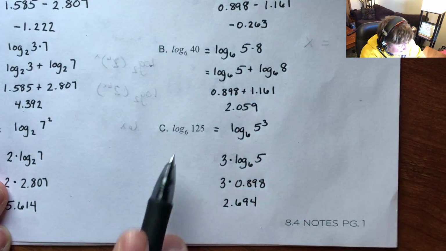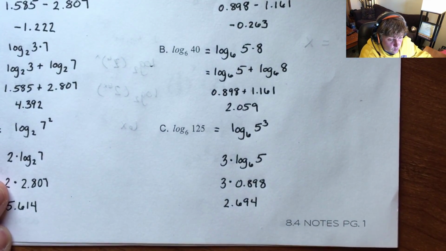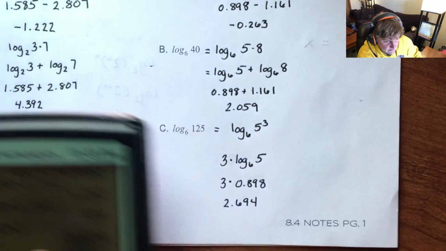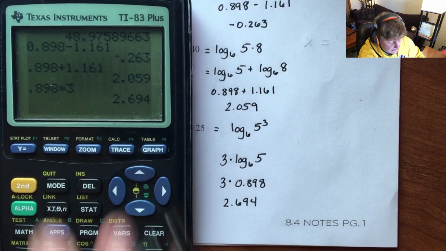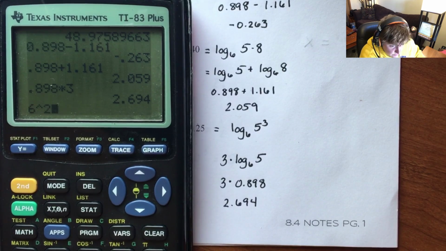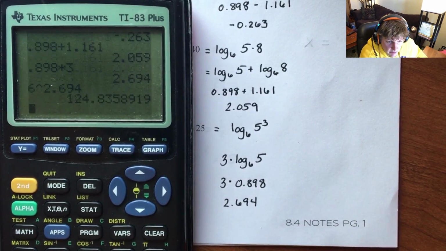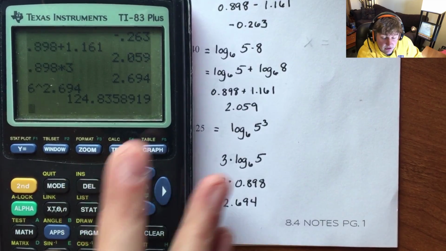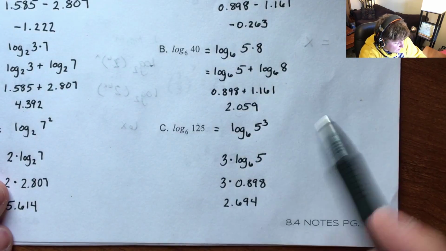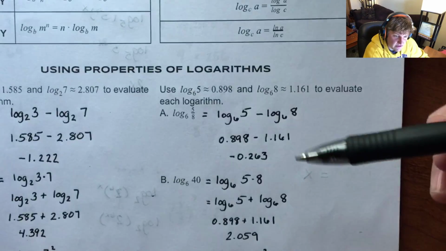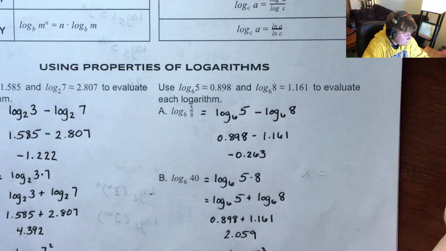Again, I can take 6 to this power and get roughly 125. So I take 6 to the 2.694 power, and it's approximately 125. Again, some error here because these are approximated numbers. Alrighty, let's keep moving.